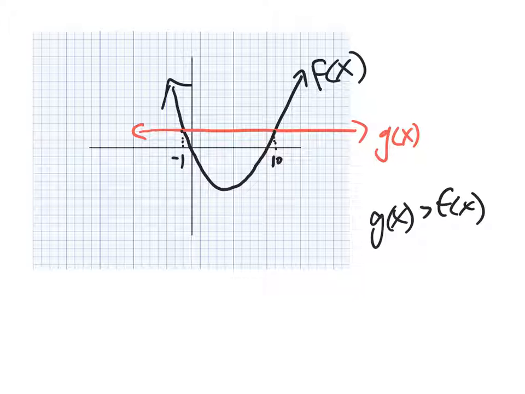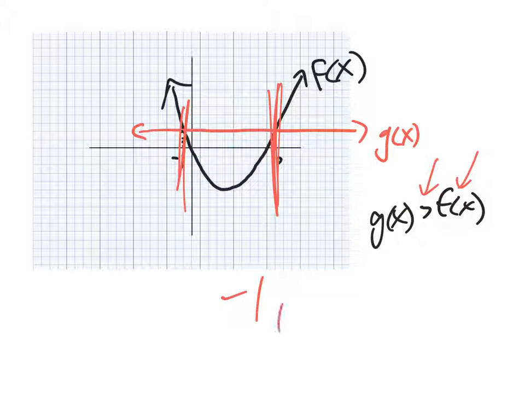So the question is, when is the red line bigger than the black line? That's in this zone between those two, from -1 to 10. And is it bigger when it's touching the other one? No, parentheses. If that had an or equal sign right here, I'd have used brackets, but it did not. There you go. Raise your hand if you had that one right.